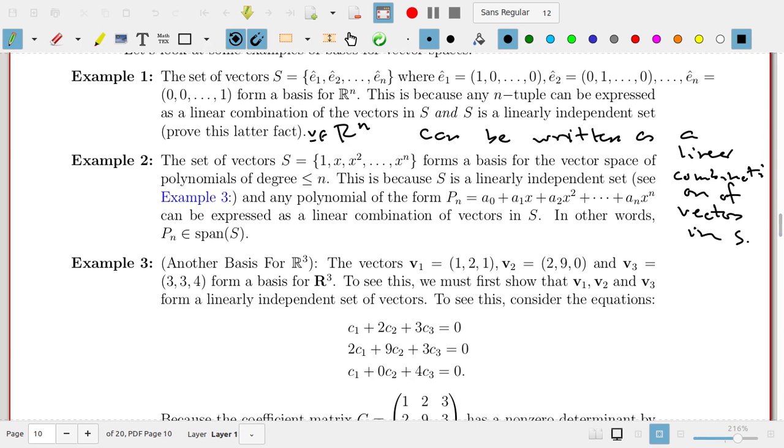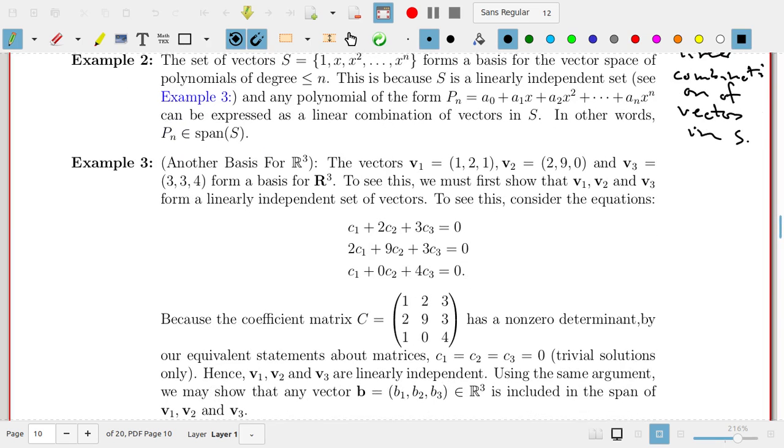A third example is that the vectors 1, x, x squared are linearly independent, meaning the set S = {1, x, x squared} is linearly independent, right?